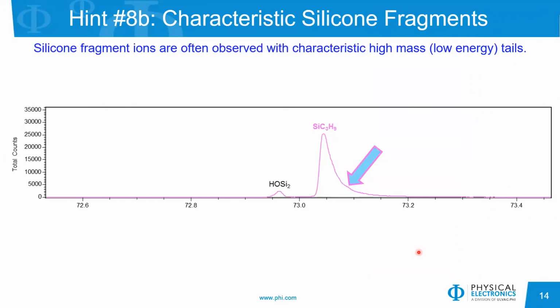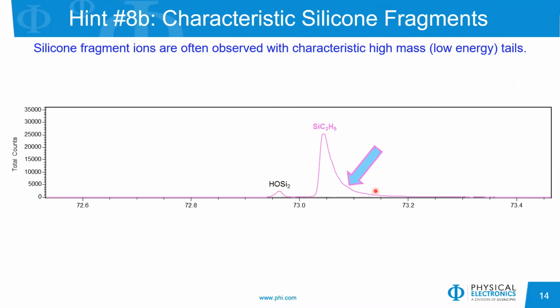Characteristic silicone fragments, generally when you look at the mass spectrum, so this is the C3H9Si peak at a mass to charge ratio of 73, a nominal mass of 73. And you'll generally notice that it has a tail on the high mass side. This is a very typical observation of some of these silicone fragment ions.